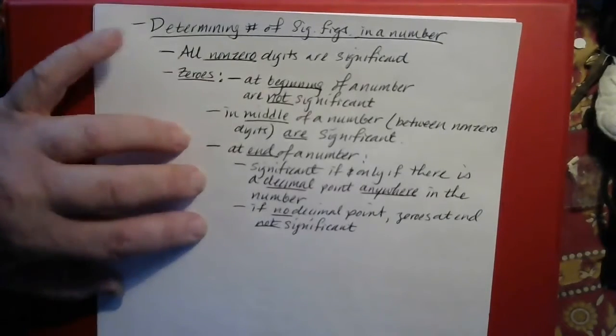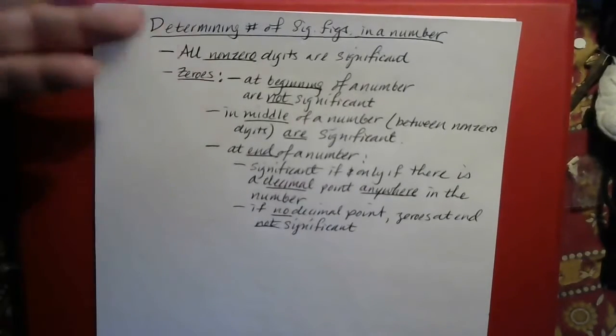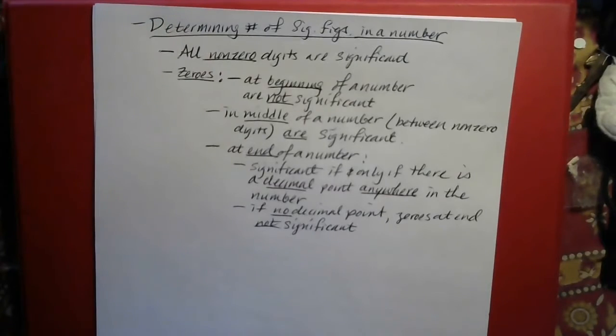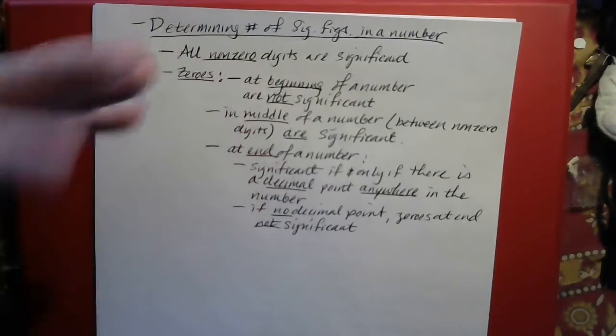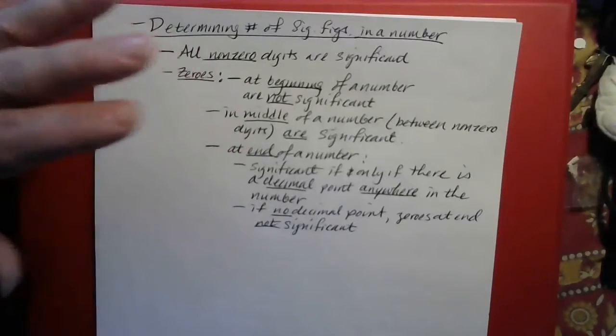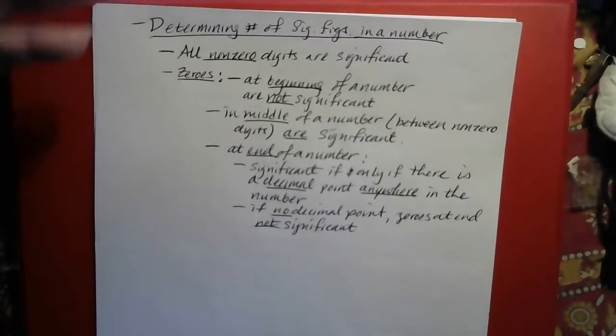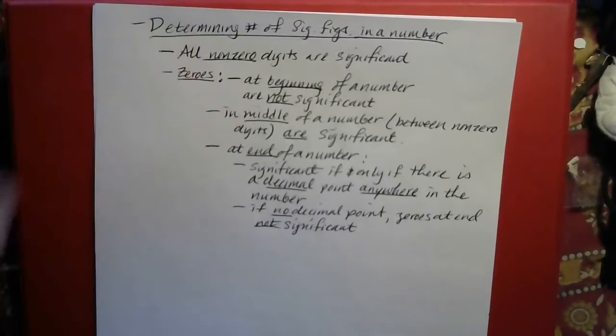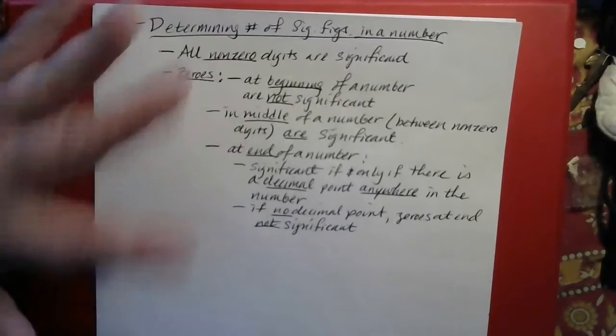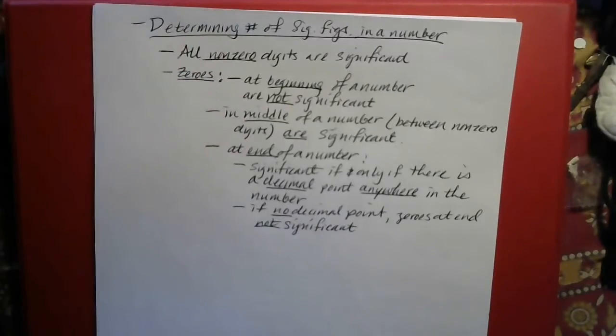The rules in the book are stated a little bit differently from this. I think actually laying it out this way is simpler and more straightforward than the way the book presents it. But by all means, look at what the book says, and if that makes more sense to you, then learn it that way, because either way, the result is the same.